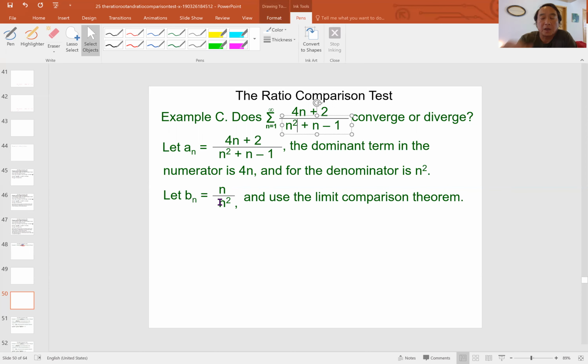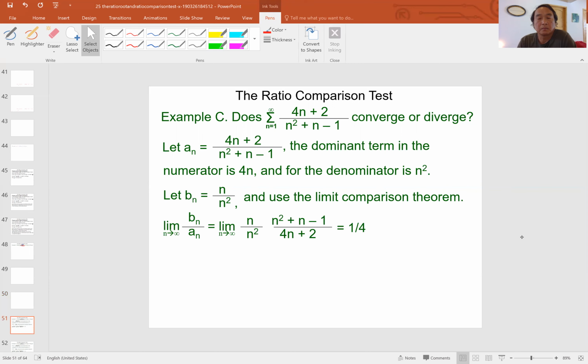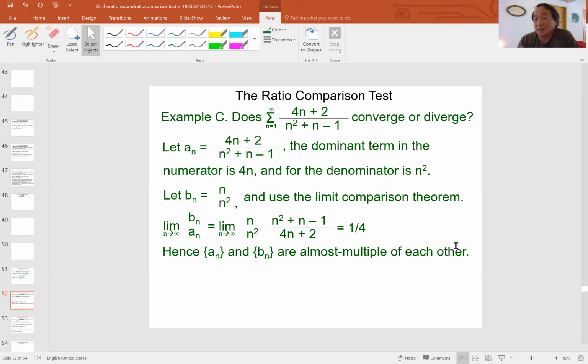And I'm going to take the limit of the ratios. Again, dividing by a_n, just flip a_n over. So the algebra: flip this one over, reciprocate it, and calculate the limit. The limit is 1/4. On a test, you need to justify these.